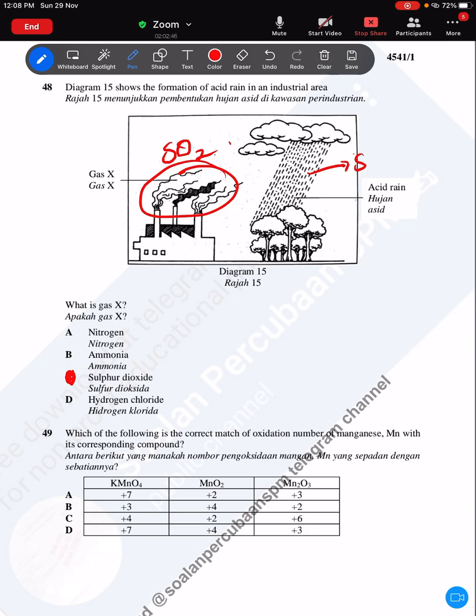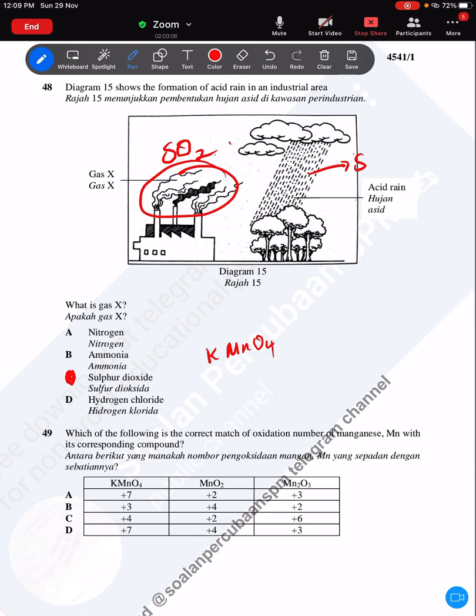Which of the following is correct? Match the oxidation number for manganese with its corresponding compound. Oh, you need to calculate one by one. The oxidation number. Do you know how to calculate? You have KMnO4. I'll teach you one.